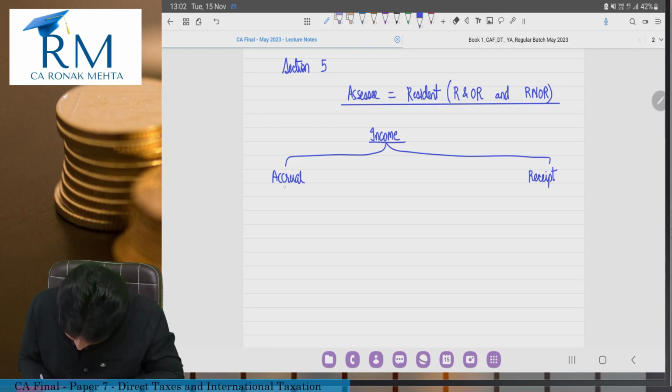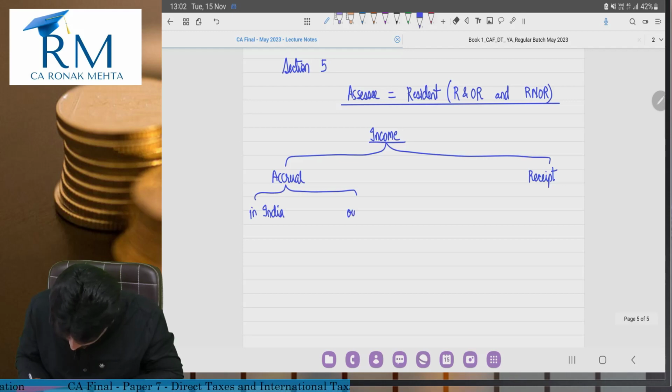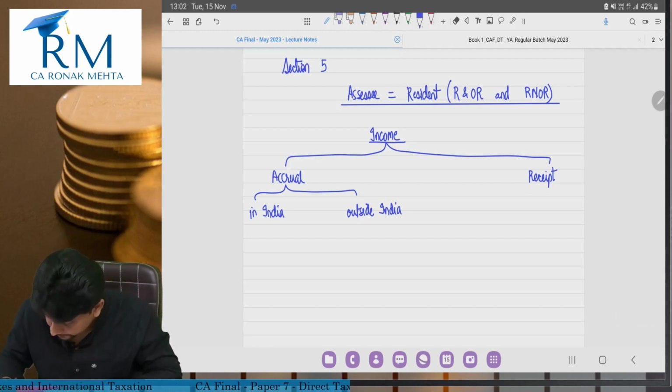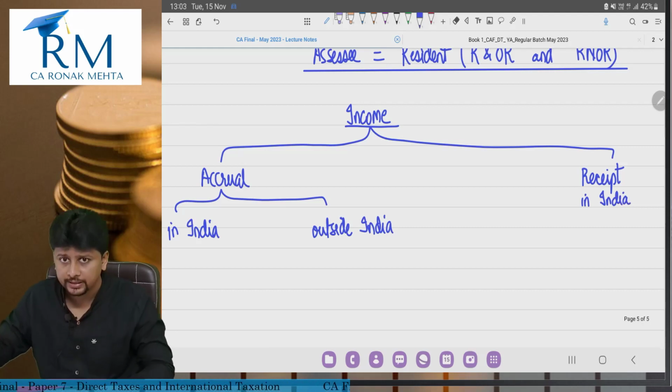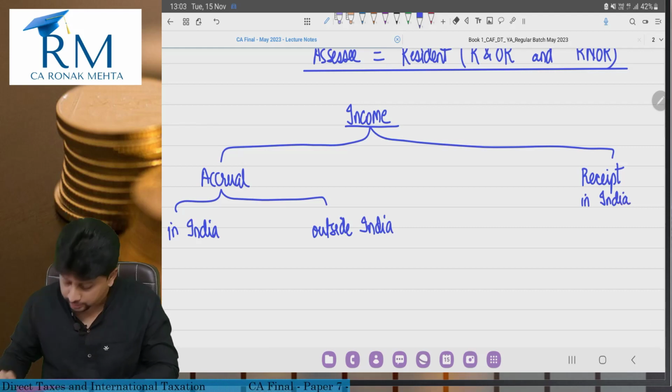Accrual gets divided into two further categories: accrual in India, accrual outside India. As far as receipt is concerned, section 5 simply says received in India. So we'll stick to received in India the way it is mentioned in section 5.